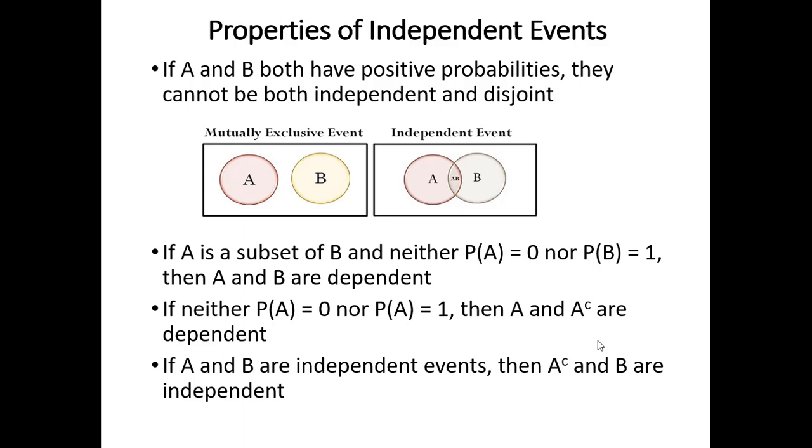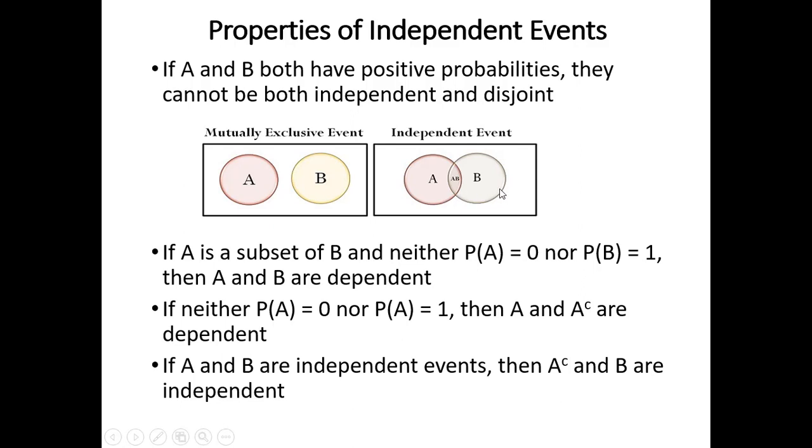A few other important properties of independent events: if A and B both have positive probabilities, then they cannot both be independent and disjoint. For example, independent events might look something like what you see here.